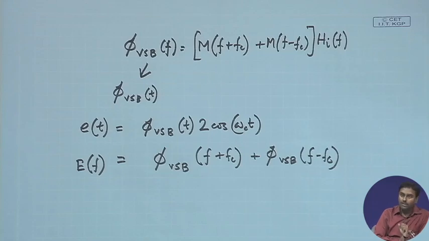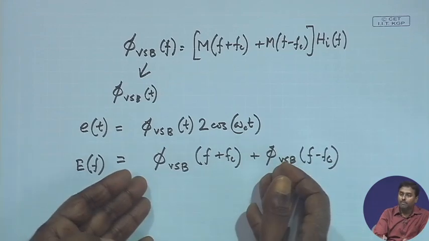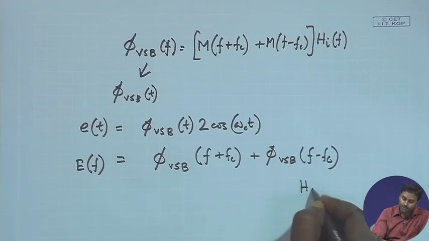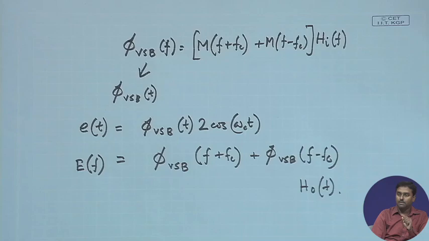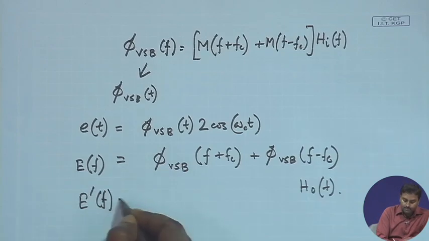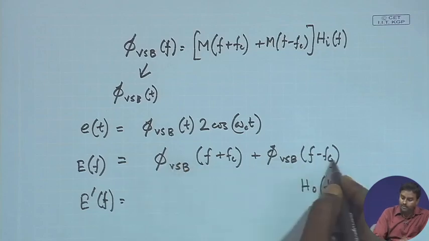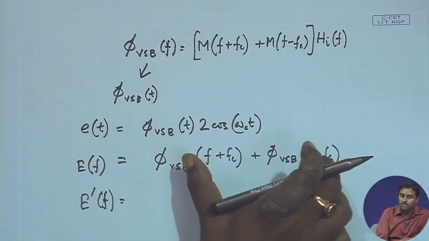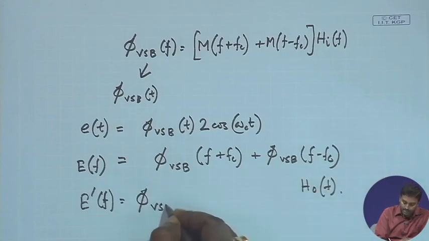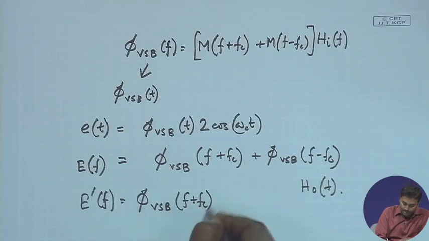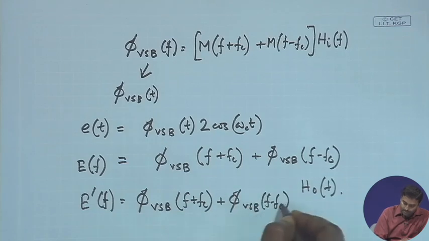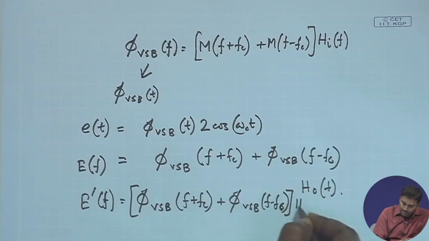Now, what will we do? We have to pass this E(f) through a low pass filter. Let us say that has a transfer function of HO(f). Then whatever E'(f) I get should be phi VSB(f plus Fc) plus phi VSB(f minus Fc), multiplied by HO(f).